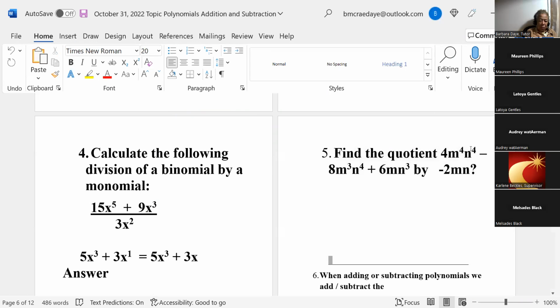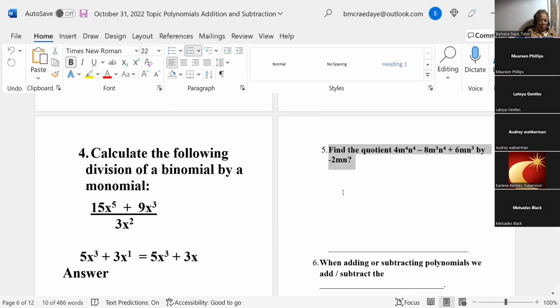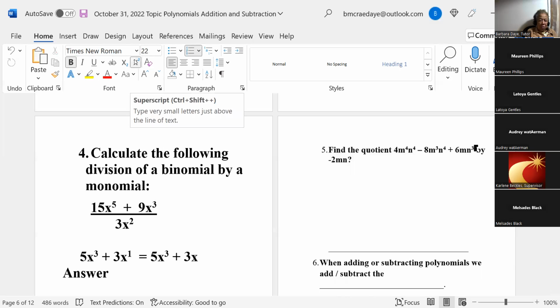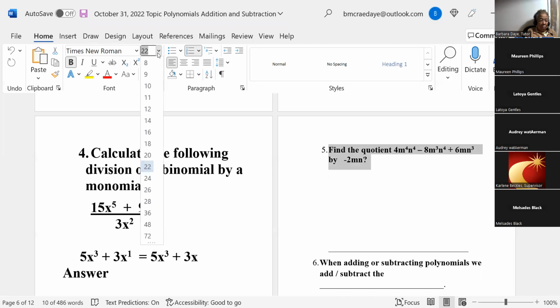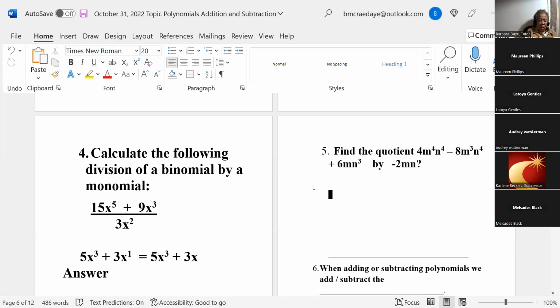So you're finding a quotient: 4m to the fourth, n to the fourth minus 8m to the third, n to the fourth plus 6m to the third. I'll make it bigger so I can see the whole thing.